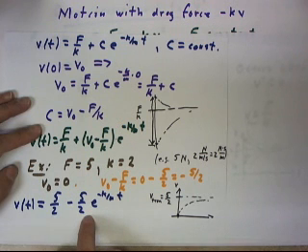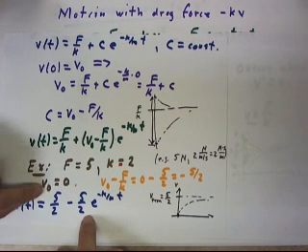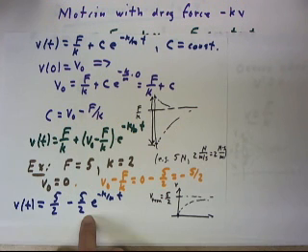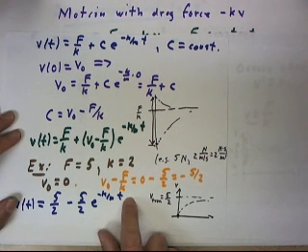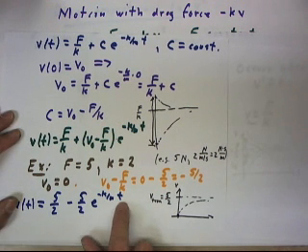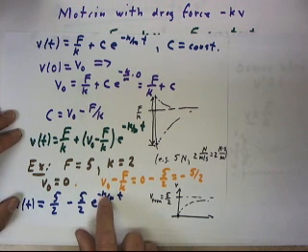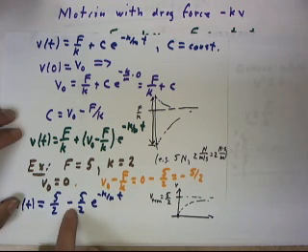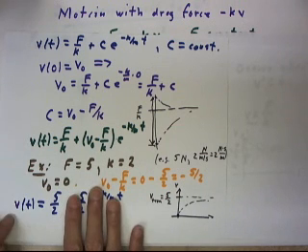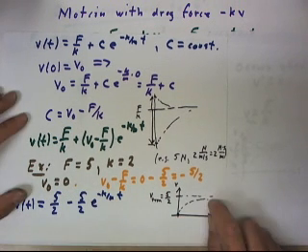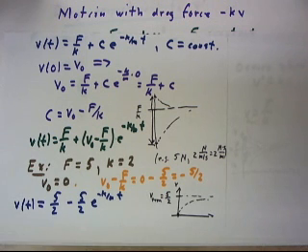We get 5 halves minus 5 halves is 0, so our velocity at t equals 0 is indeed 0. As t approaches infinity, e to the negative k over m t approaches 0, because this approaches e to a negative large power, so that this term goes away and our velocity approaches 5 halves exactly as we expect.